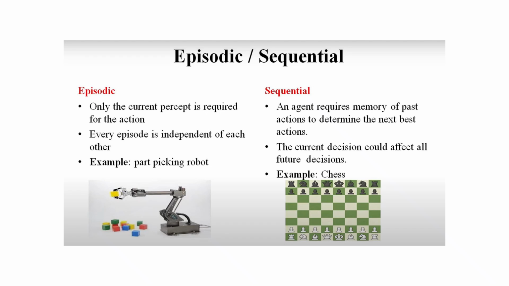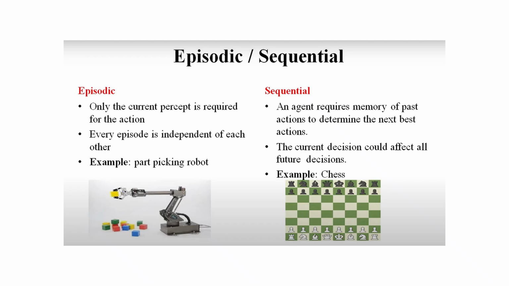Whether it is image classification, textual classification or voice classification, it depends only on the current perception that we apply. We will be using some algorithms and some pseudocode, and based on that the action will be determined.